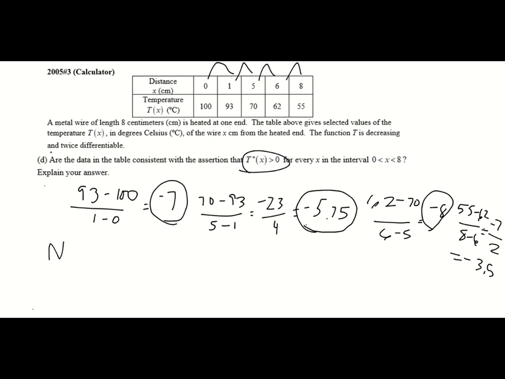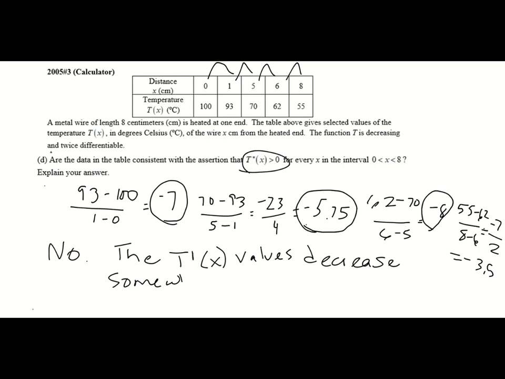The answer to that is no. And the reason is the T prime of x values decrease somewhere between, let's see, this interval started at 1 centimeter, and this one ends at 6 centimeters, because this number, negative 8, is smaller than negative 5.75.